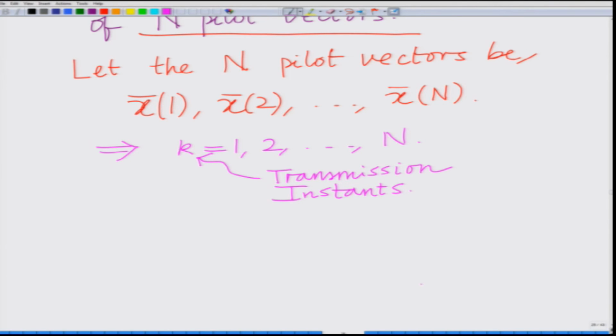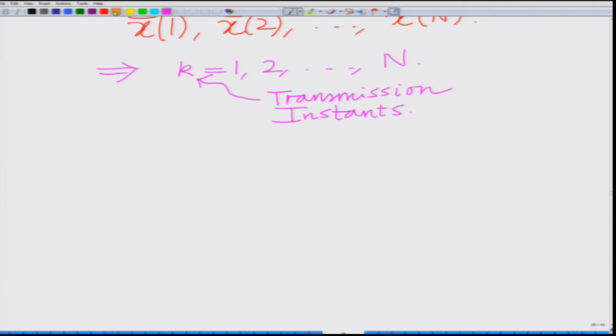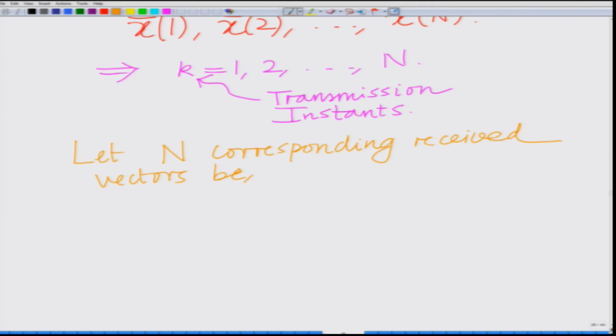These are the n transmission instants, and let the n corresponding received vectors be y bar 1, y bar 2 up to y bar n.